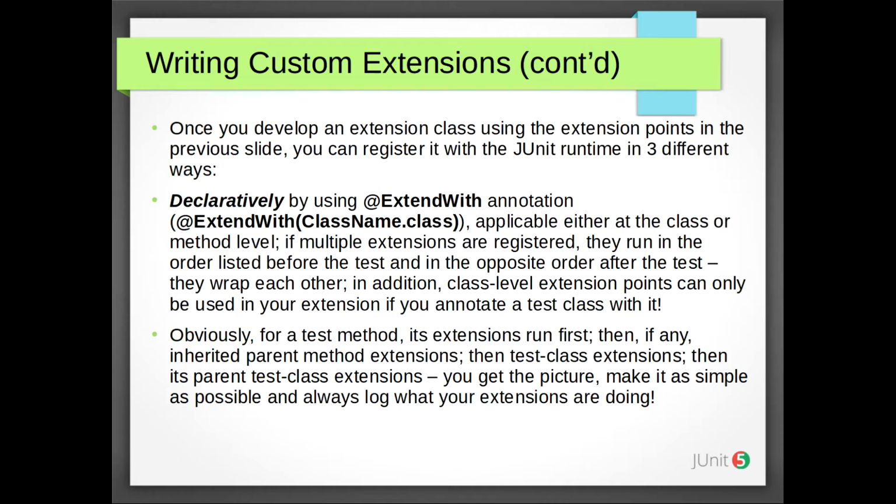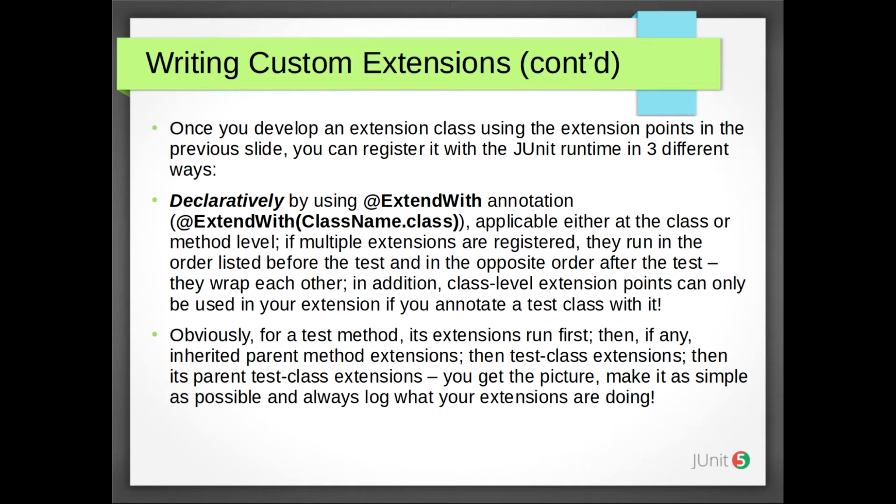If multiple extensions are registered, they run in the order listed before the test and in the opposite order after the test. In effect, they wrap each other. In addition, class-level extension points can only be used in your extension if you annotate a test class with it. Obviously, for a test method, its extensions run first, then, if any, inherited parent method extensions, if it's a subclass.